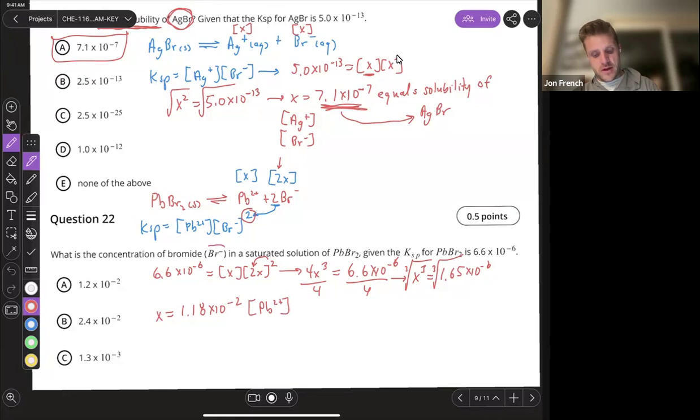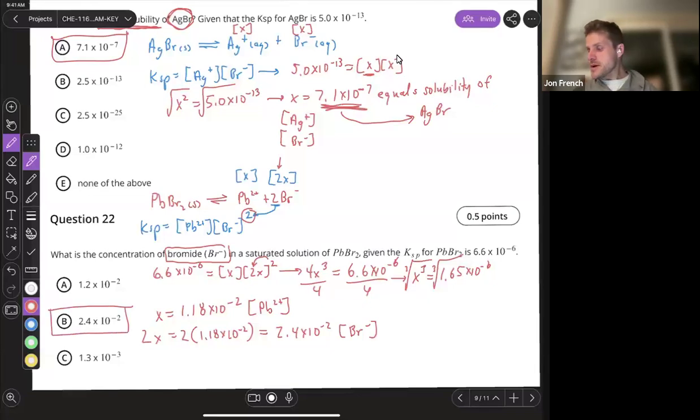We were looking for the concentration of bromide. Bromide is 2X. So 2 times that should equal, right, 2.4 times 10 to the minus 2, or choice B for question 22.